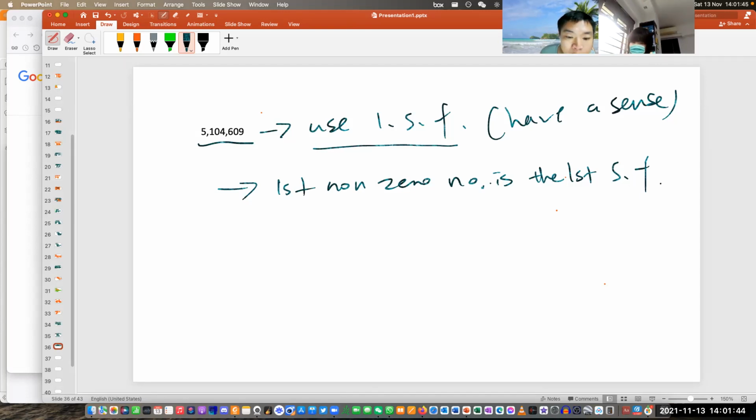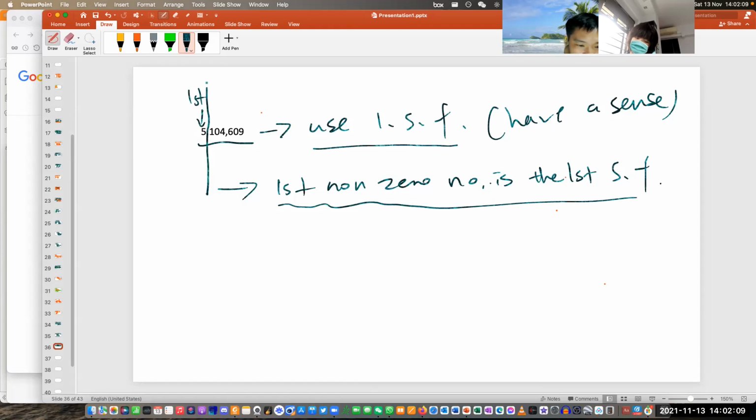Never mind. So you just have to remember to use one significant figure: find out the first non-zero number, which is the first significant figure. The first non-zero is 5, so this is my first significant figure. They want one significant figure, so after the first significant figure, you draw a line.